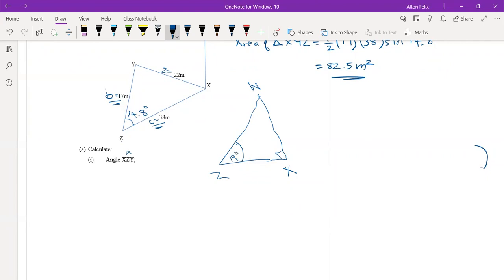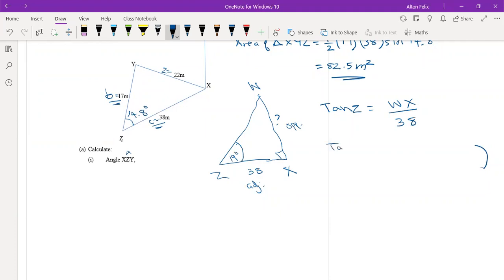Now we have ZX as 38, and we are asked to find WX. We have the opposite we need to find, we have the adjacent, and we have an angle. So we could use our tan Z is opposite WX over adjacent 38.